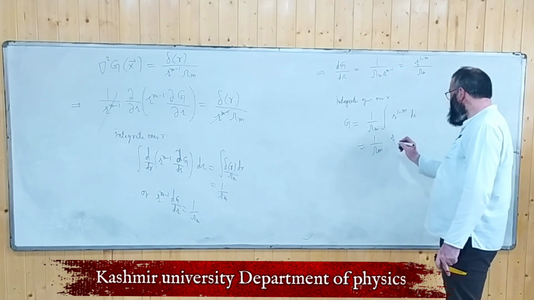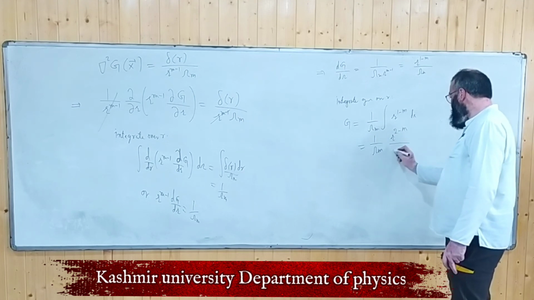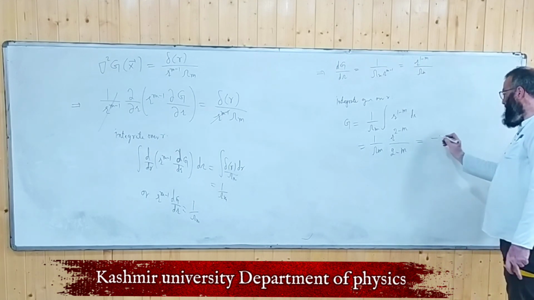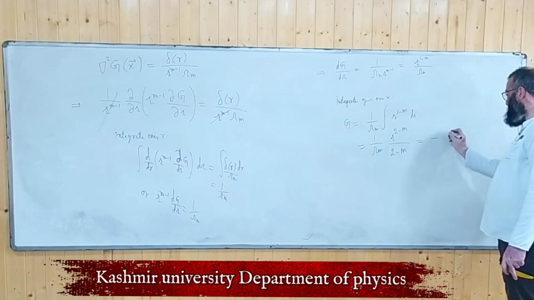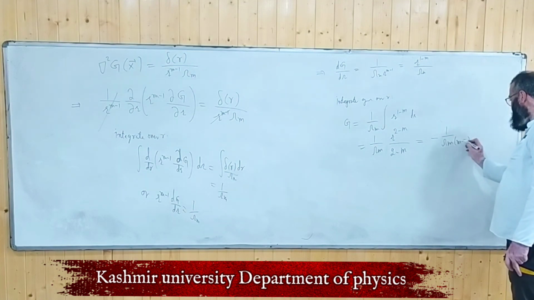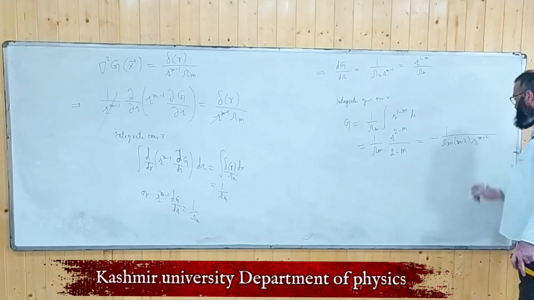It's r raised to the power 2 minus m divided by 2 minus m. So that's simply equal to minus 1 divided by omega m into m minus 2, divided by r raised to the power m minus 2.